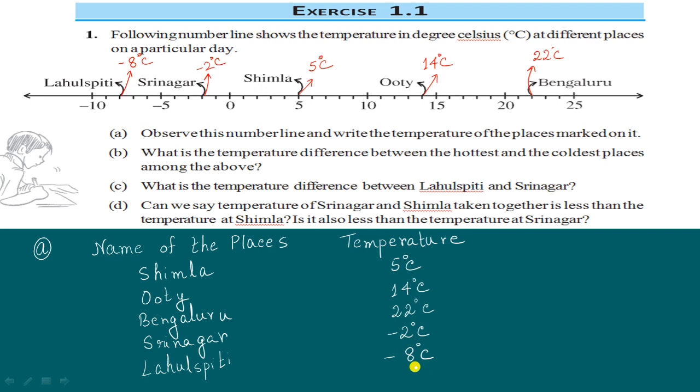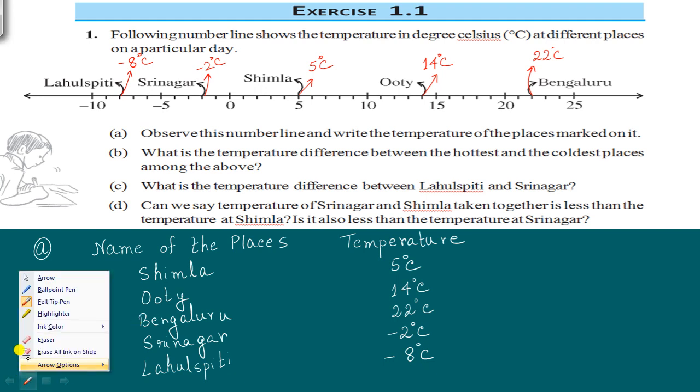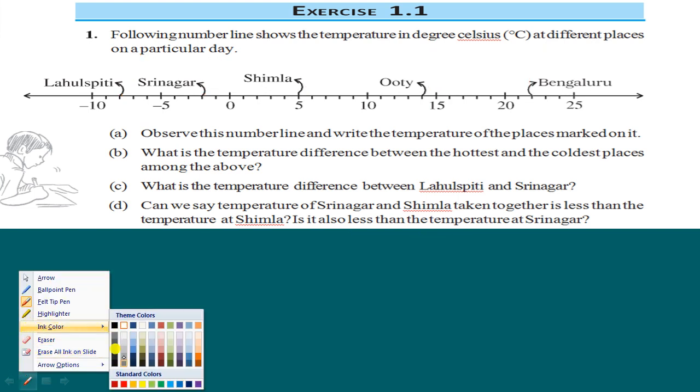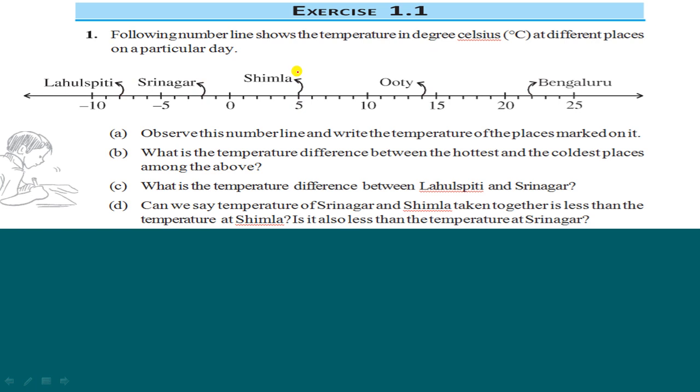Here we have written the name of the places and the temperature of the places. Right? Now we will solve question number B. Now we will see what is question number B. Again we are writing the temperature of the places. Shimla is at 5 degrees centigrade. The temperature of OT is 14 degrees centigrade.